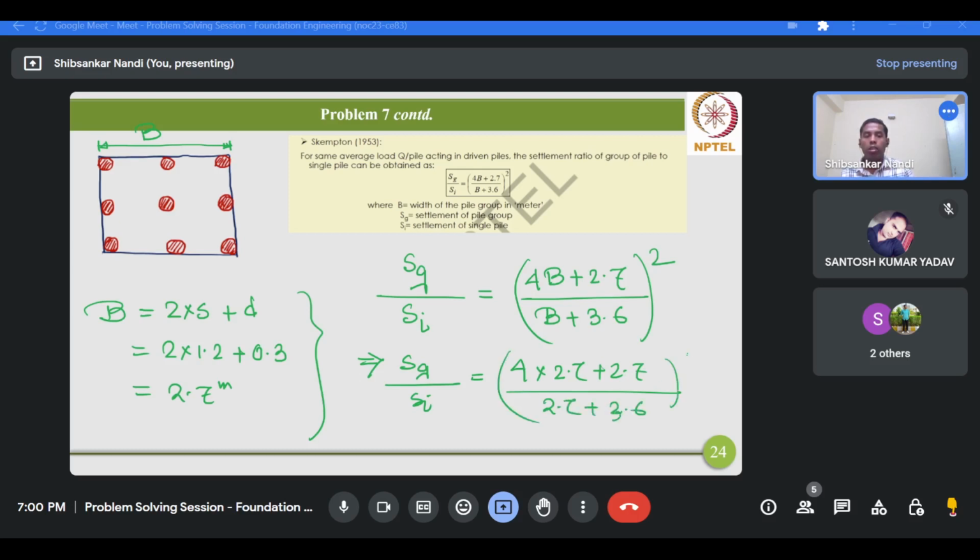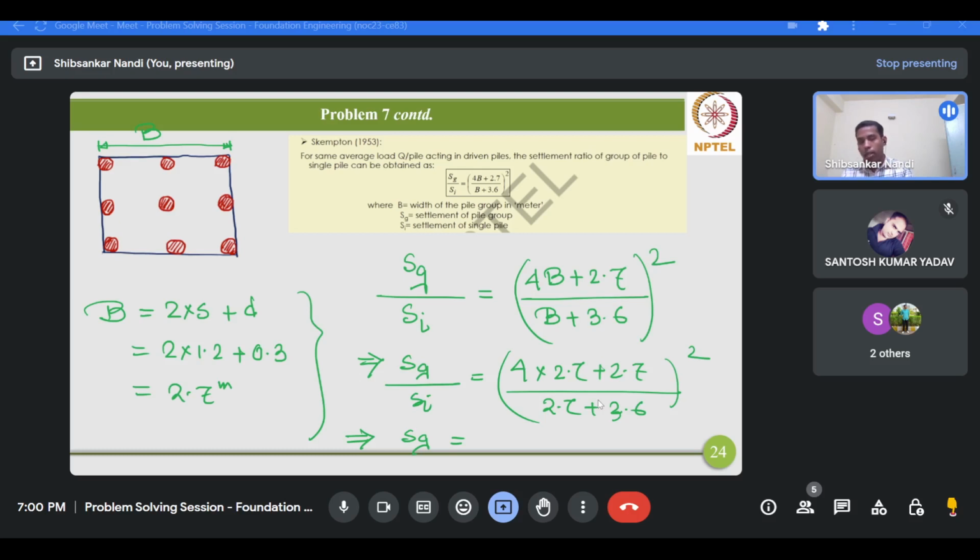Now if you simplify this equation, first of all you have to calculate this ratio: 4 times 2.7 plus 2.7 divided by 2.7 plus 3.6, whole square.